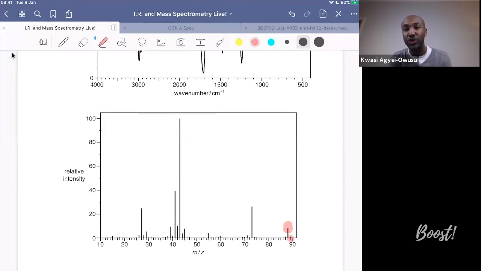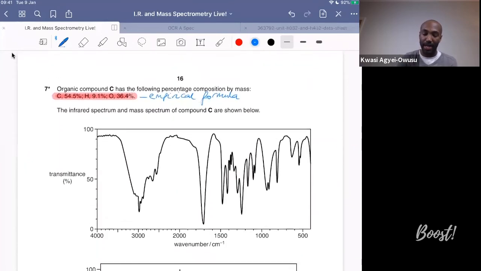That is usually due to a small amount of carbon-13 present in your molecule, so we can disregard that M plus 1 value. So this is going to be our molecular ion, and should tell us our MR of this mystery molecule. We can use that in conjunction with our elemental analysis data to work out the molecular formula. Before we do that, let's have a look at the infrared spectrum as well.